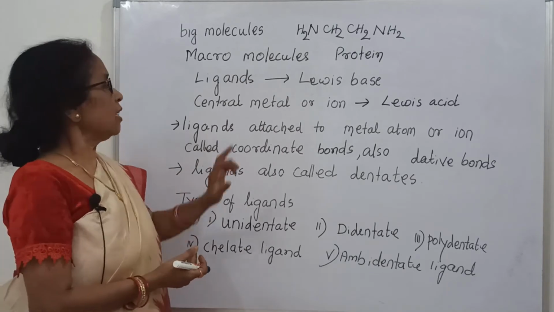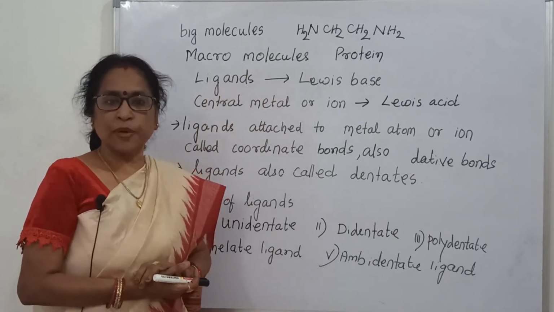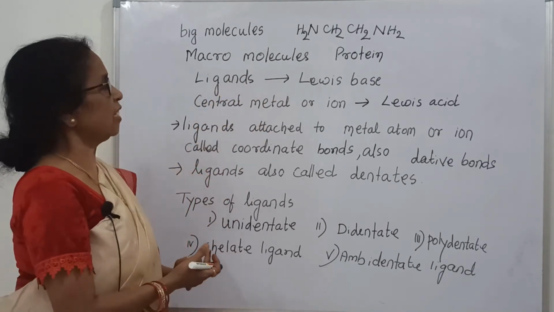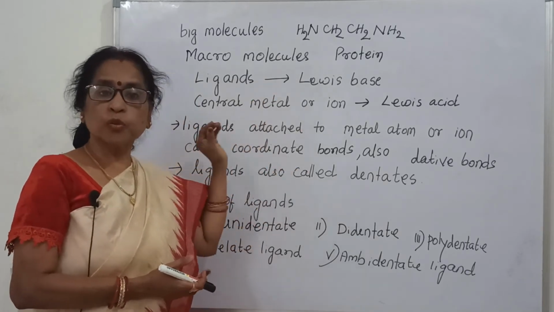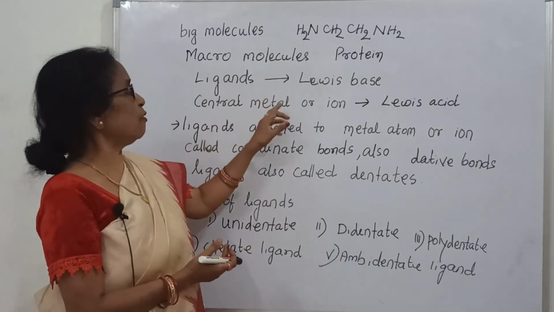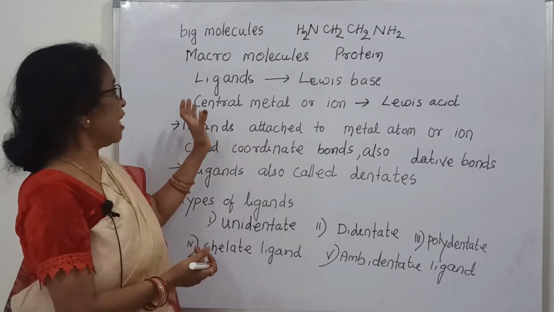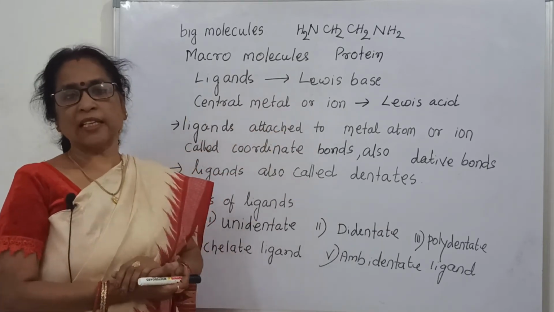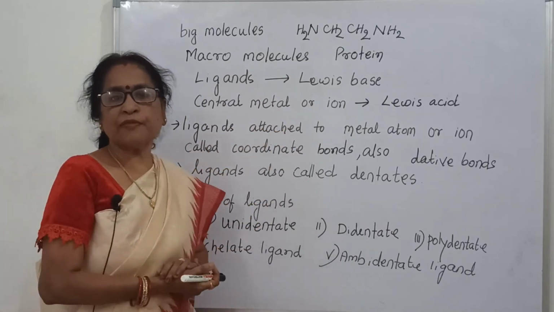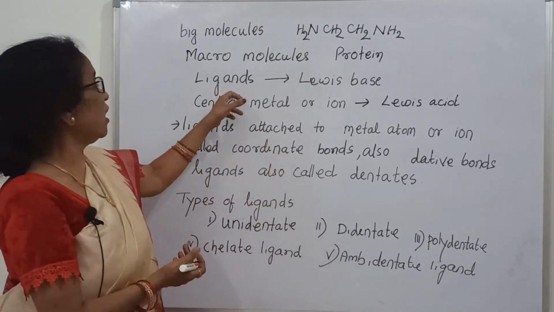Are you clear? Ligands act as a Lewis base because they can donate electrons to the central metal ion, and the central metal ion acts as a Lewis acid because it accepts electrons from ligands.